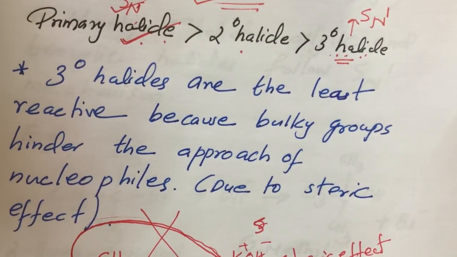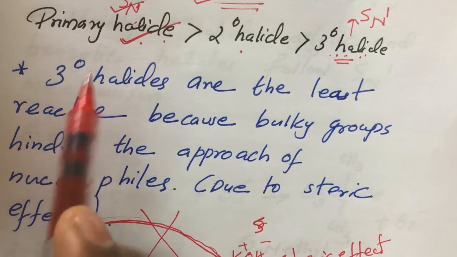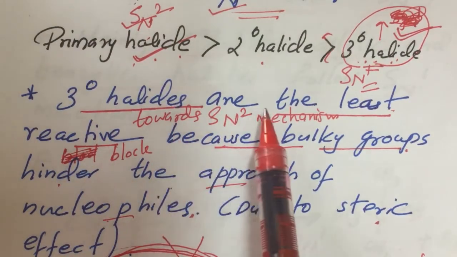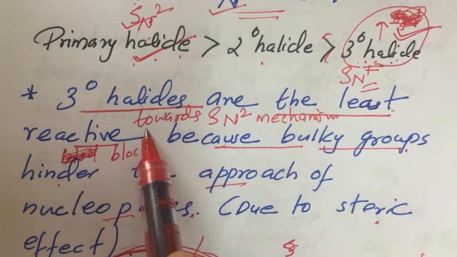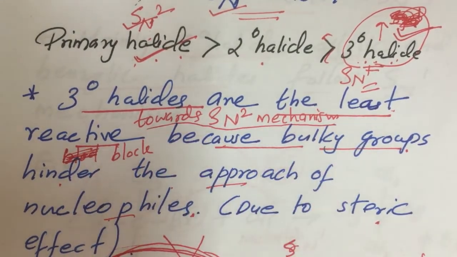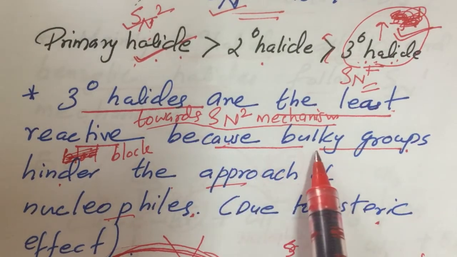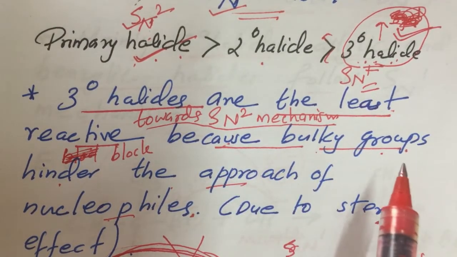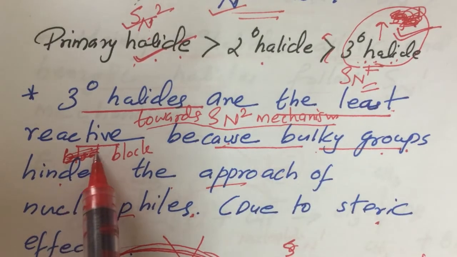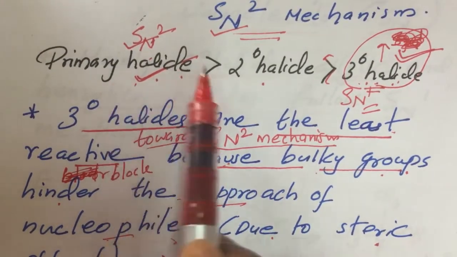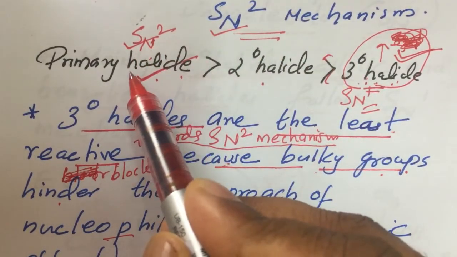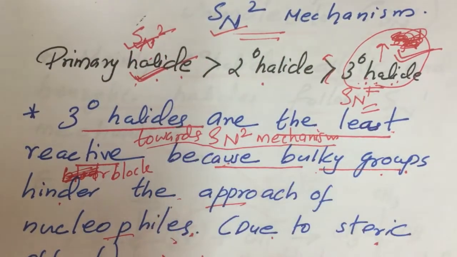Okay students, let's read this statement. Tertiary halides are the least reactive towards the SN2 mechanism because bulky groups present in tertiary halide hinder or block the approach of nucleophiles due to steric effect. So out of these 3 halides, primary halides prefer the SN2 mechanism.